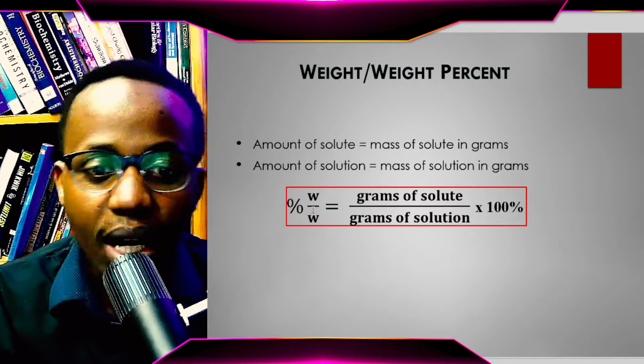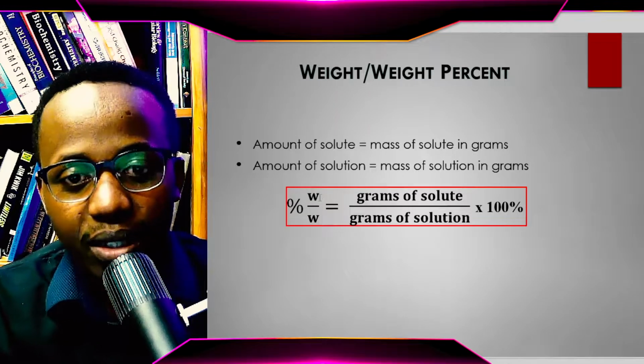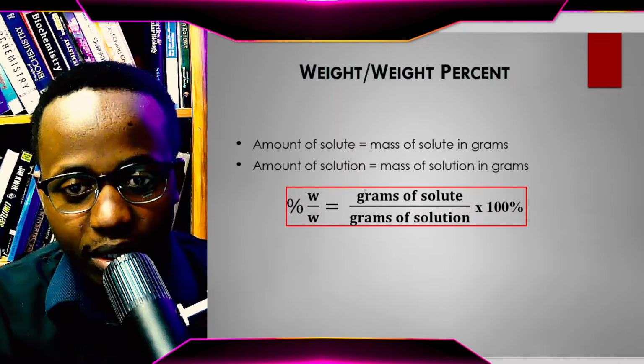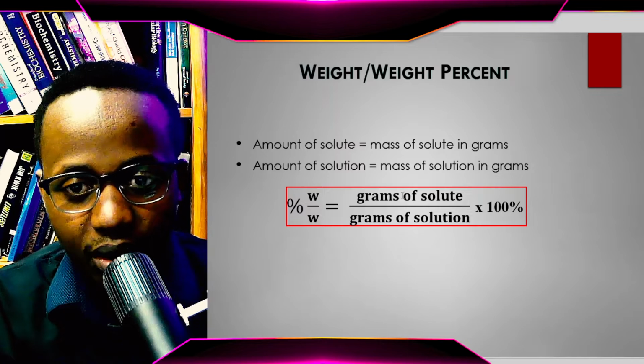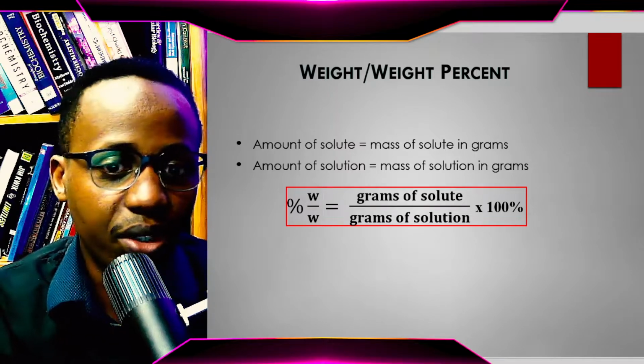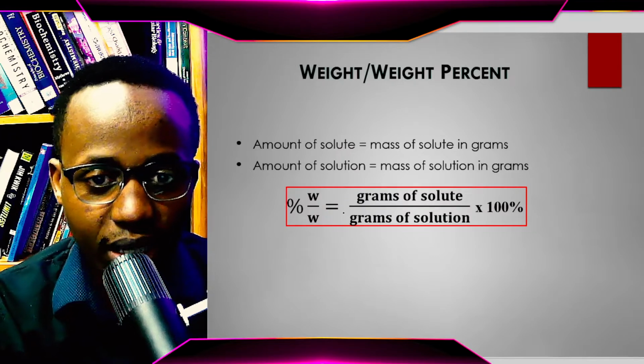And again, sometimes with this one, instead of asking you the weight per weight percent, I might ask you the grams of solute, and you just need to know how to move it around. And how do we move it around? Same thing we just did the other one.